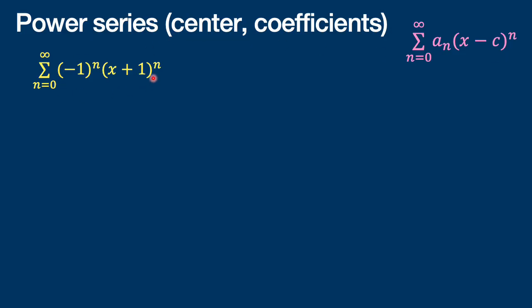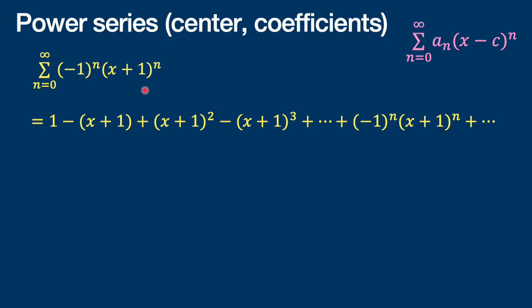What is the center of this power series? What is a_n? When you expand this power series, that's an alternating power series, alternating because the sign is alternating. 1, negative 1 to the power 1, positive (x plus 1) squared. You find the center is negative 1, not 1.